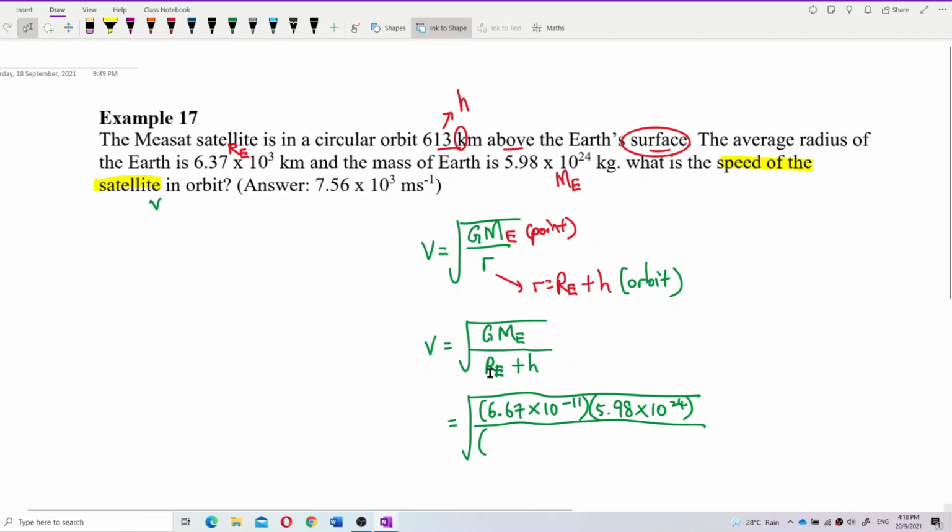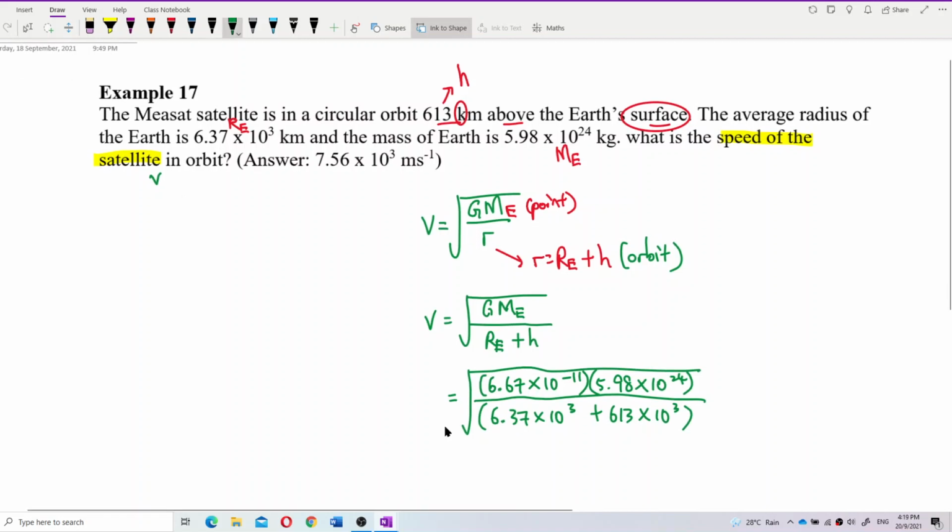So what is the radius of Earth? 6.37 × 10^3 plus, what's the h? The h is 613 kilometers, so 10^3 meters. So let's calculate the answer.